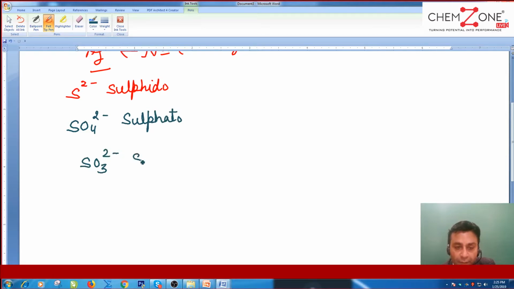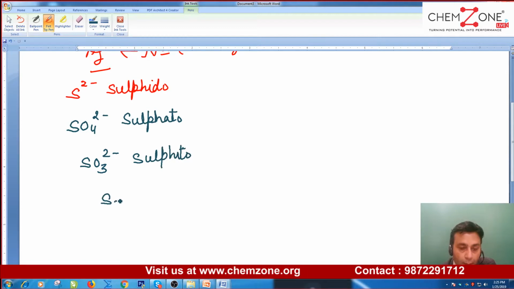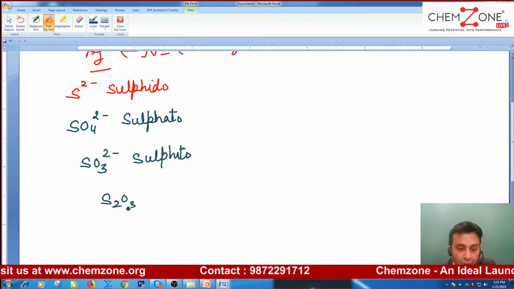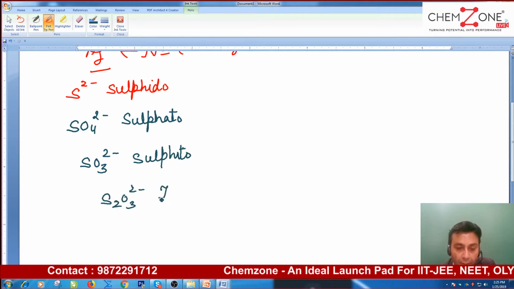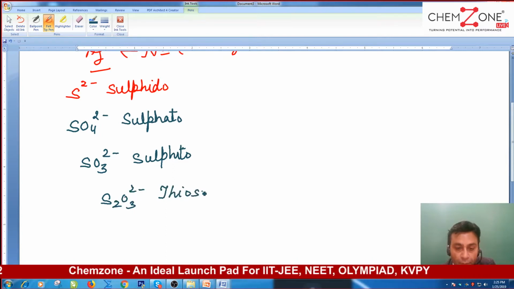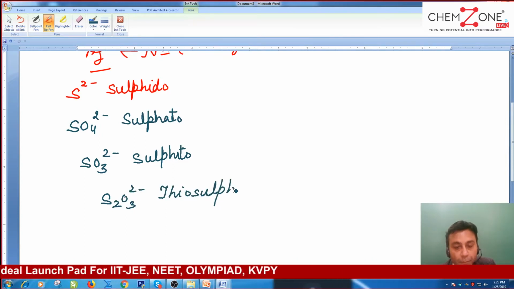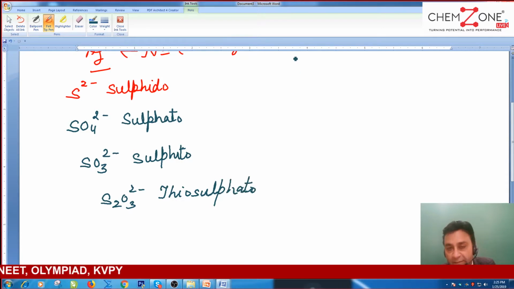SO3 2 negative is sulfito. S2O3 2 negative is thiosulfato. You have to remember this, because in our complex, these ligands will appear, so you should recognize them and give a name.